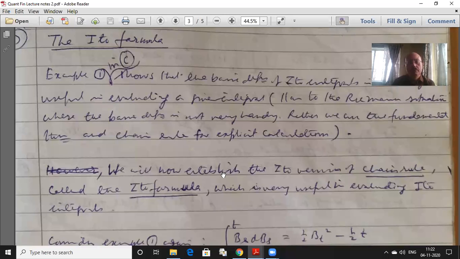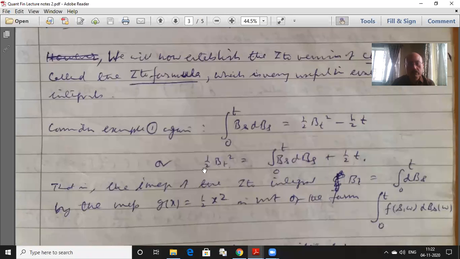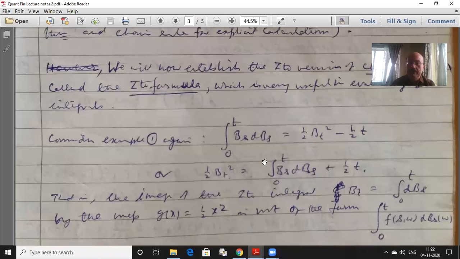So we started out with this first example that the integral of B_s dB_s was half B_t squared minus half t. I rewrite it in this way to highlight the following fact, that when I am looking at this kind of a result, half B_t squared, which is just a function of B_t, on the other side I actually have two integrals.